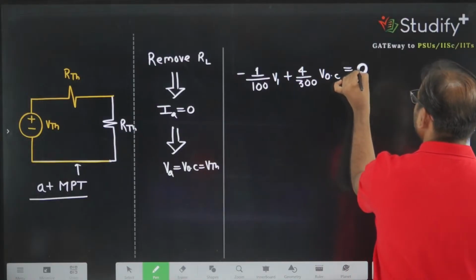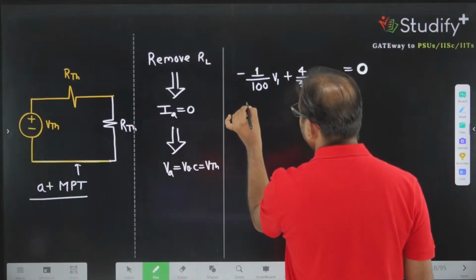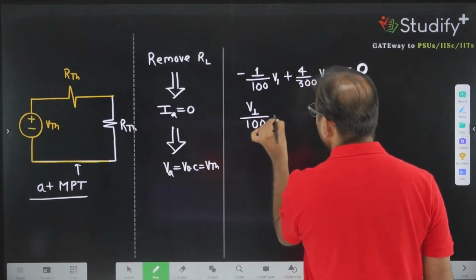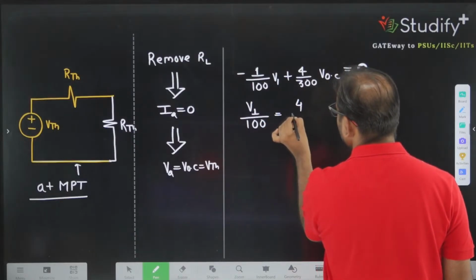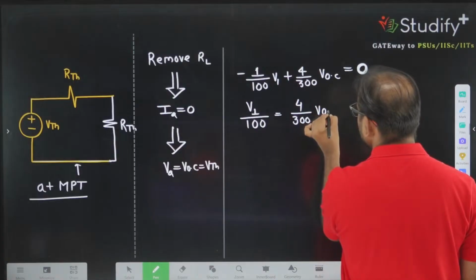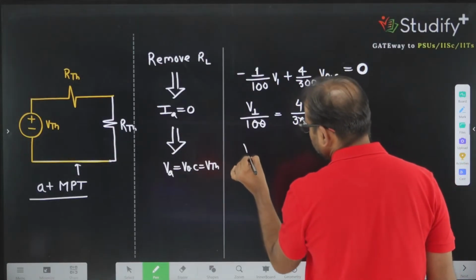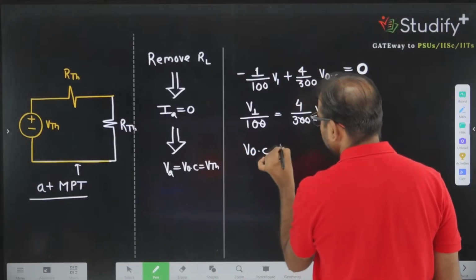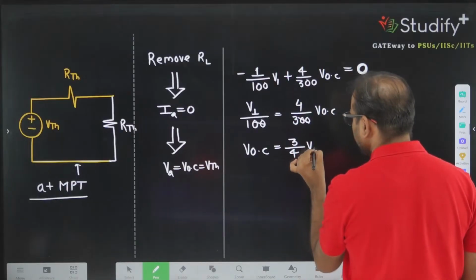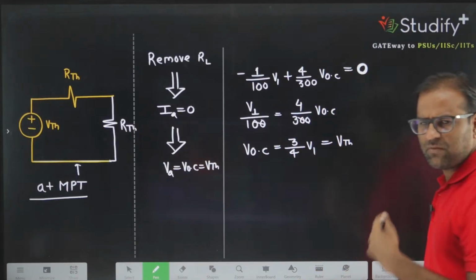If this value is equivalent to 0, V1 divided by 100 is equivalent to 4 divided by 300 times V open circuit. 20 cancel. So V open circuit is given by 3 by 4 times V1, and this is known as VTH. This is the one equation.